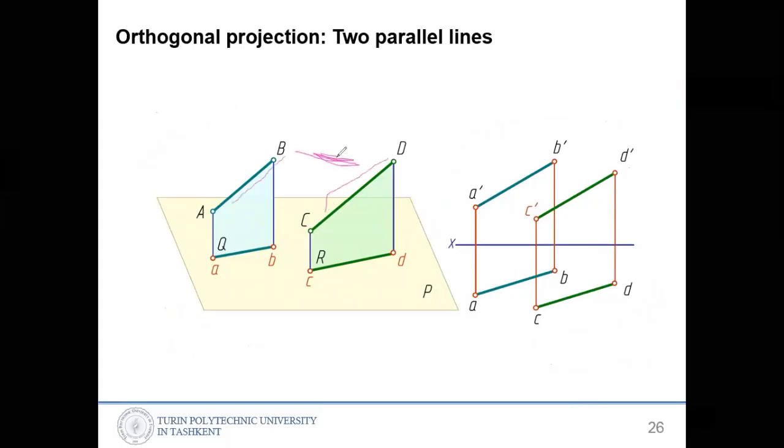If in the 3D space the lines are parallel, then their projections will also be parallel. On both or all three projections they will be parallel. In every projection they will be parallel. So here they are parallel, and here also they are parallel. If one of them is not parallel, then in the 3D space those lines are not parallel. Okay, so that's a rule.